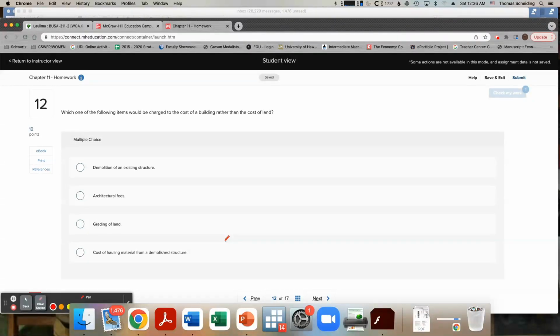Demolition of an existing structure. We already talked about that's land. Architectural fees. That is a building expense. So architectural fees is the correct answer. But let's just make sure the others are not. Grading of land. That's obviously a land expense. Cost of hauling material from the demolished structure. That would also be a land expense. So yes, architectural fees, by definition, is our building cost that would be capitalized.